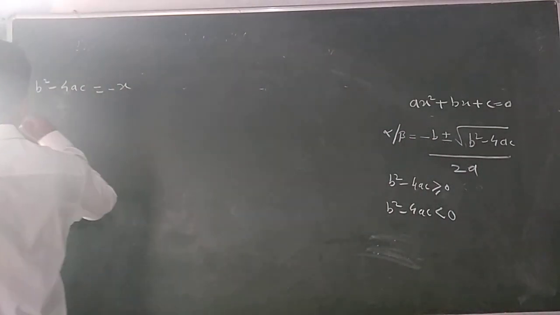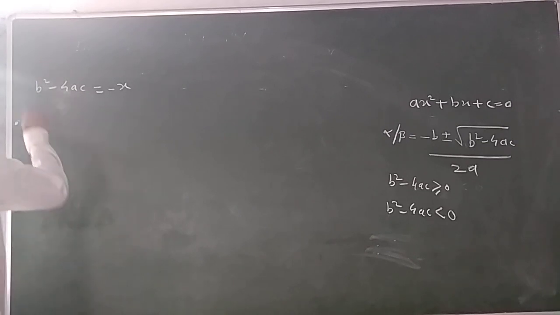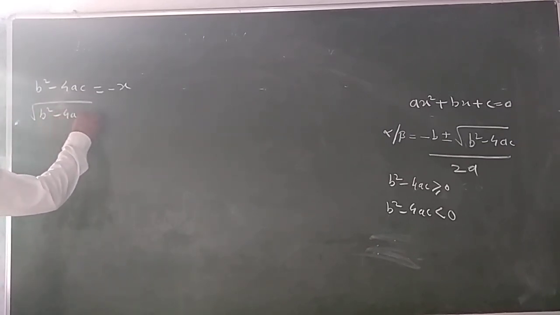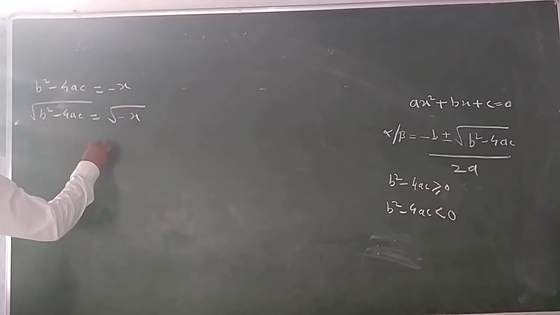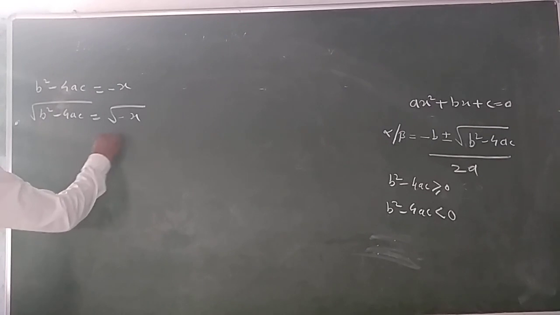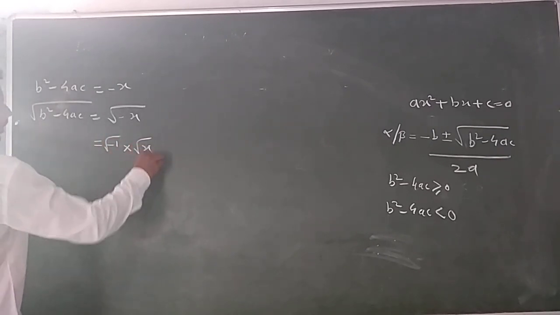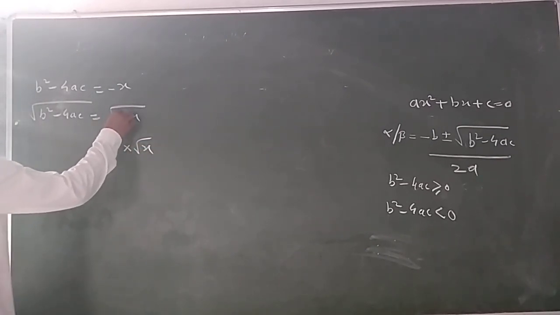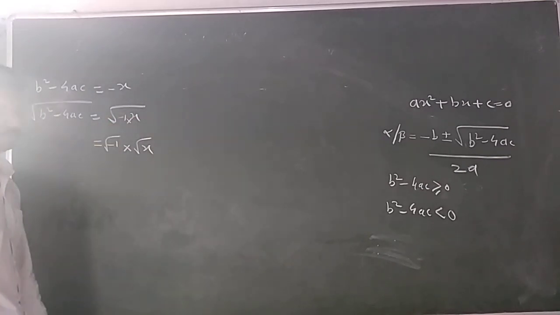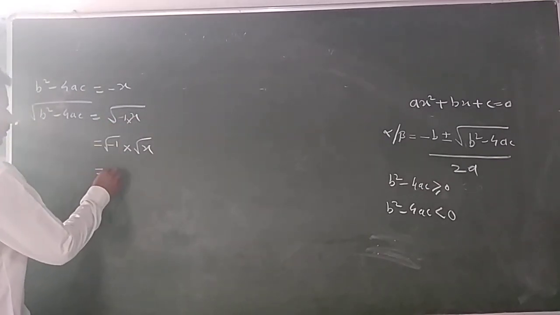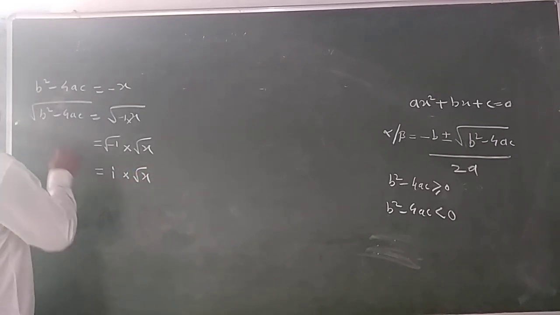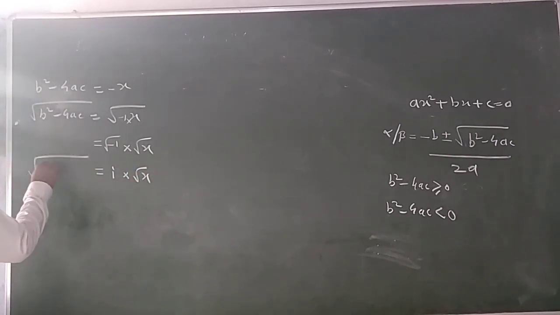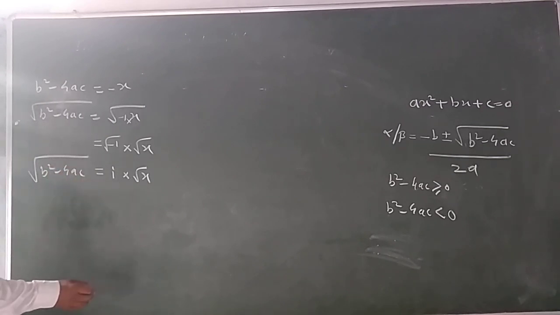Take the square root: under root of b square minus 4ac is equal to under root minus x, that means under root minus 1 into under root x. Separate the square root, so we get i into under root x. This is the value of under root b square minus 4ac.